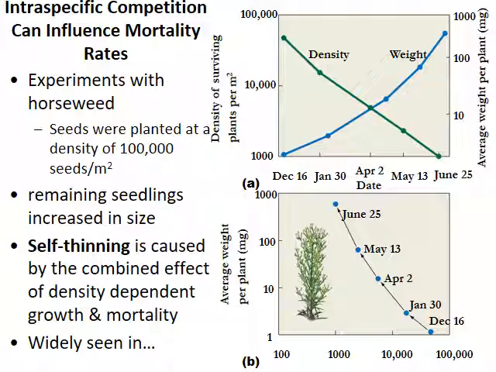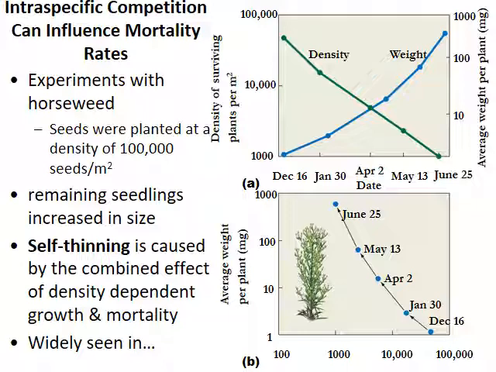That's a blue line. So we start out with a density of maybe 100,000 seeds per square meter. That's a lot of seeds. We can see that over time, the density is really decreasing. We're starting really high, close to 100,000, and then after, let's see, 6 months here, we've dropped down to a density of maybe only 1,000 individuals.